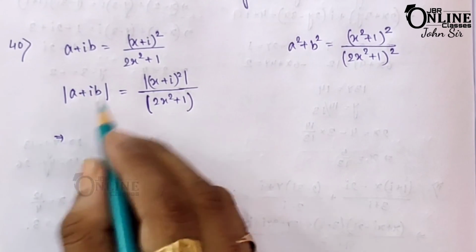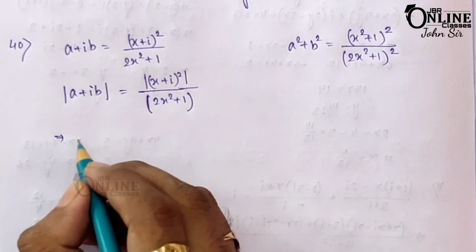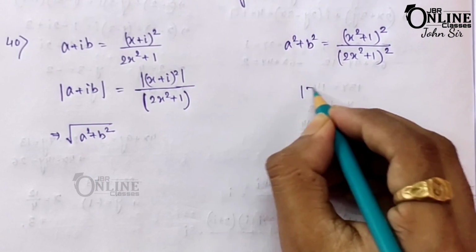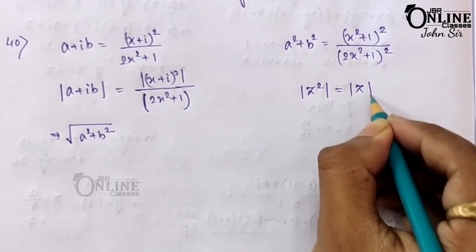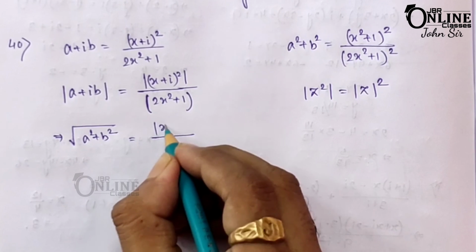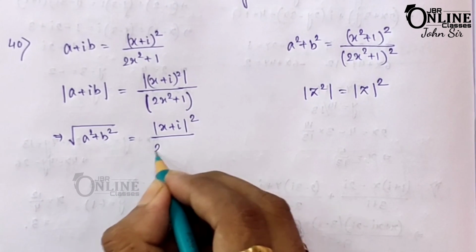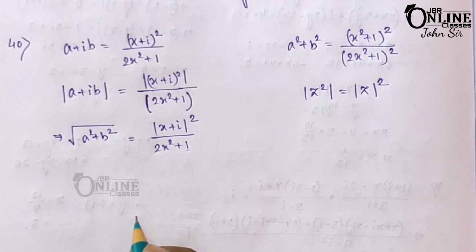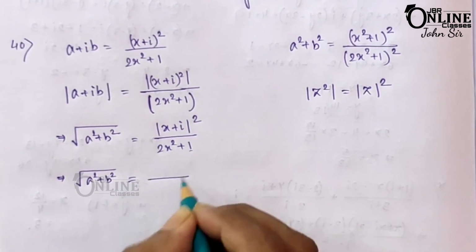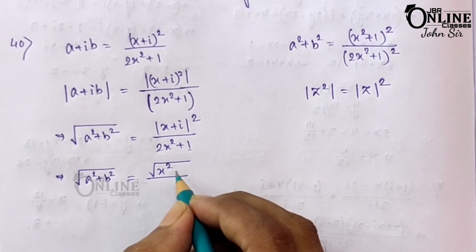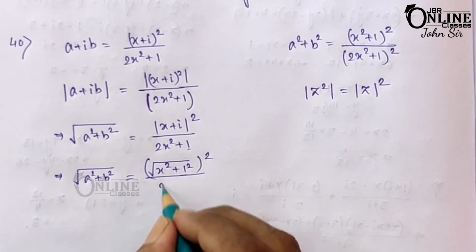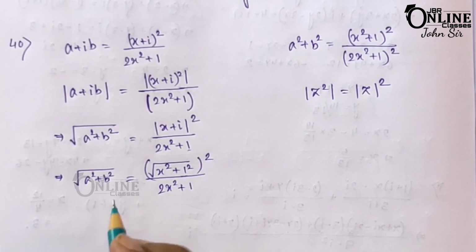So now the mod of this one equals root over a square plus b square, and you know that mod of z square equals mod z whole square. So now you can write down mod x plus i whole square, and the lower one will be 2x square plus 1. Okay, so here root over a square plus b square, and this one will be root over x square plus 1 square, and that one over 2x square plus 1.